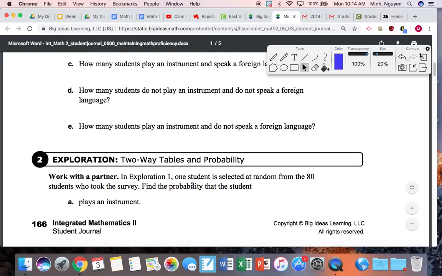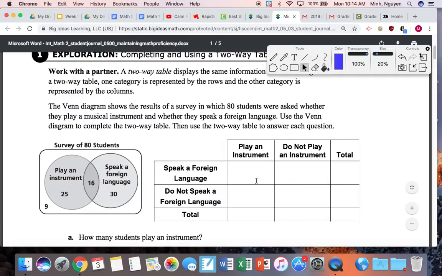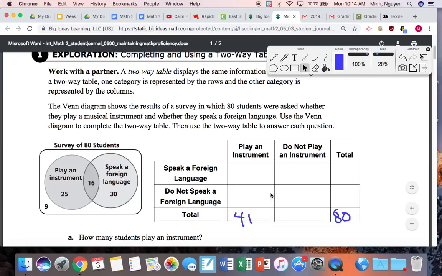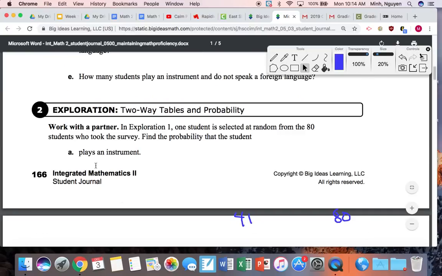In exploration 1, one student is selected at random from the 80 students who took the survey. Find the probability that the student plays an instrument. So how many students play an instrument in total? 41. And how many students are there in total? 80. So the probability that a student plays an instrument out of all students is 41 over 80. 41 out of 80.